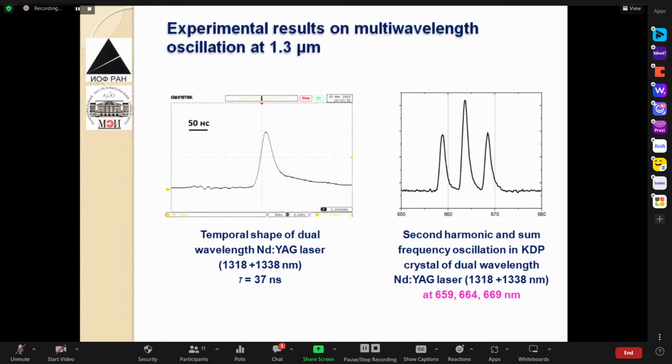And we checked the simultaneous operation of our laser at different wavelengths, and we measured this in the second harmonic generation. So we got the sum frequency generation with higher efficiency than the sum frequency of each separate wavelength.